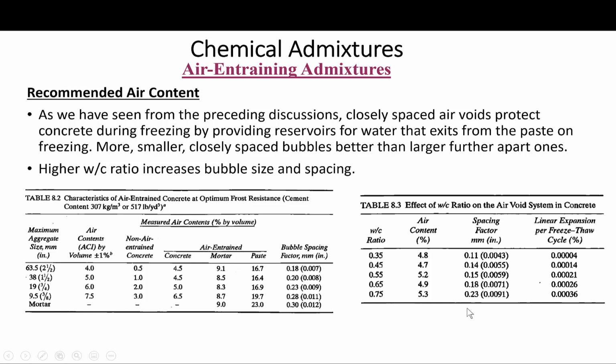Look at it. It can be seen that for a given air content, increasing the water cement ratio increases the spacing factor and increases the bubble size, thereby lowering the resistance to freezing and thawing. So the air content must be increased in concretes with higher water cement ratios to maintain a given spacing factor.